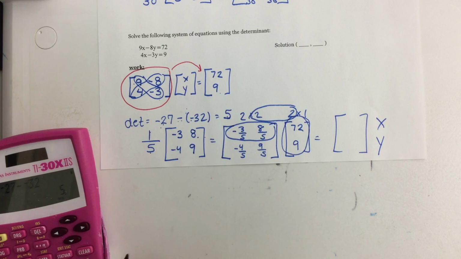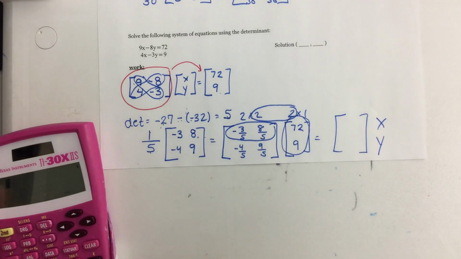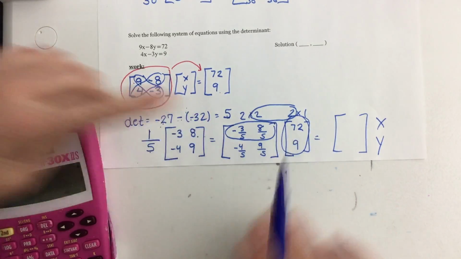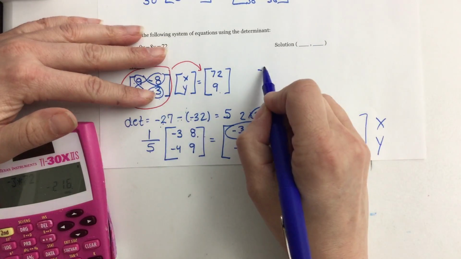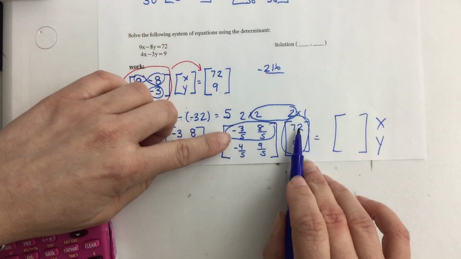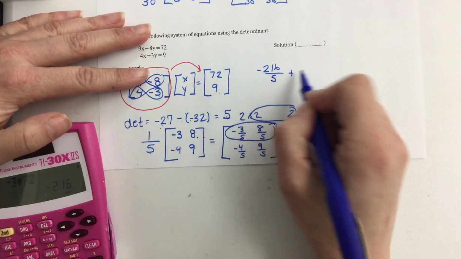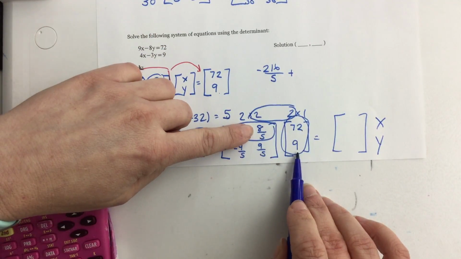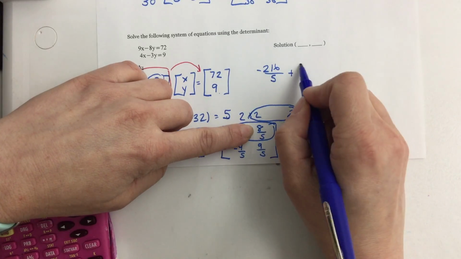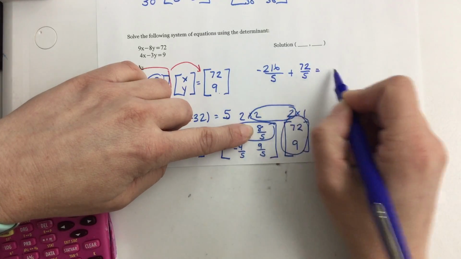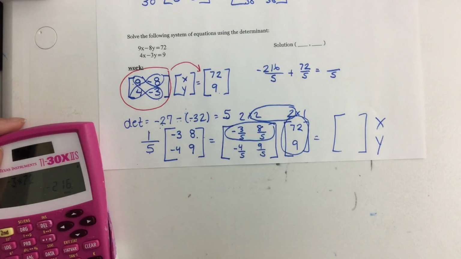Now this one's just not going to be very nice. So I have -3 times 72, because this is like 72 over 1. So I have -216 over 5, plus shifted over, shifted down. 8 times 9 is 72 over 5. My common denominator is a 5.